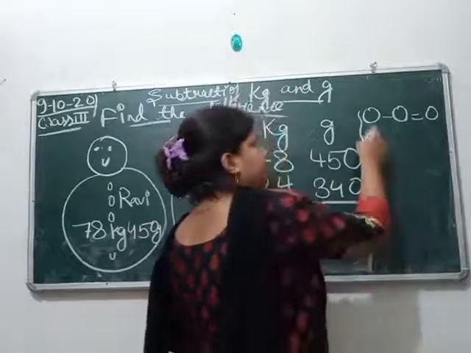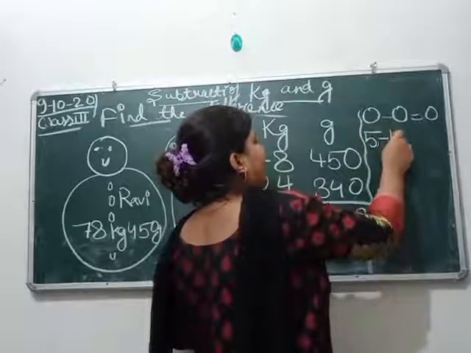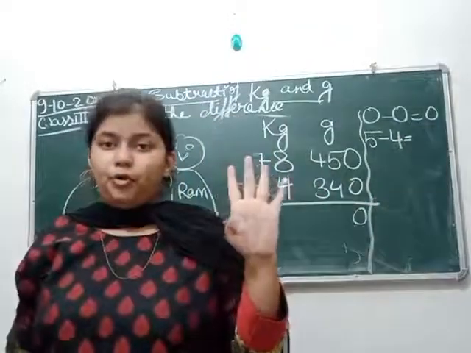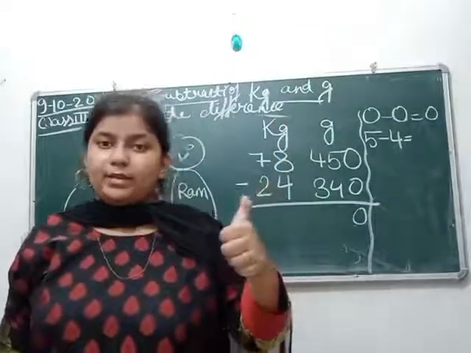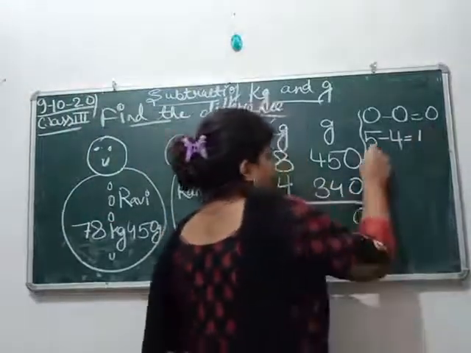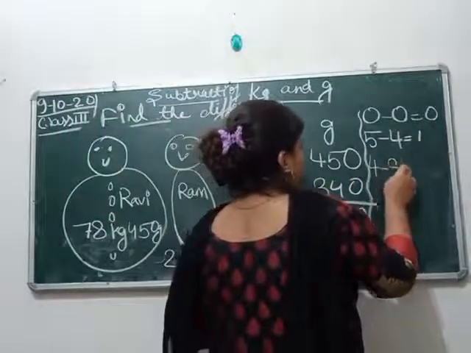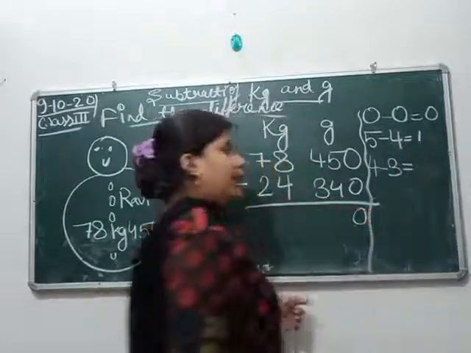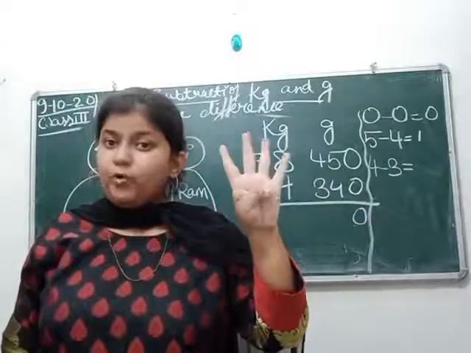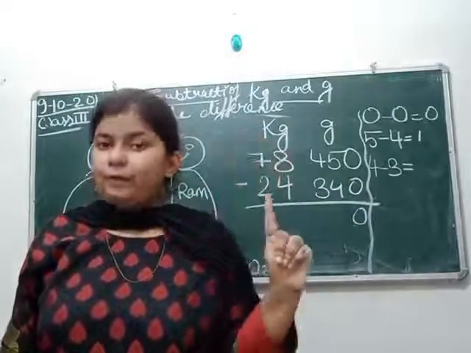Next we are having 5 minus 4. So subtracting 4 from 5 we will get 1. Next we are having 4 minus 3. So now subtracting 3 from 4 we will get 1.